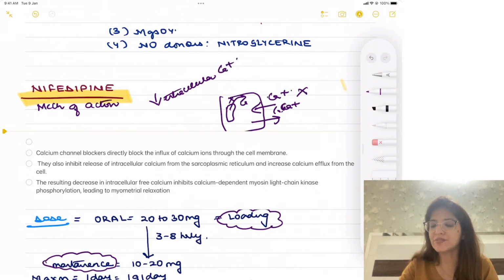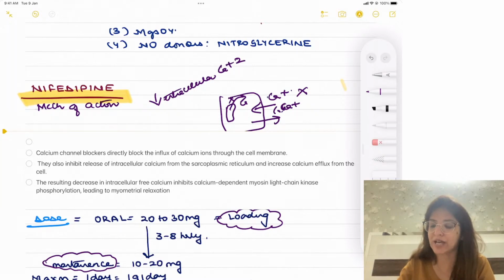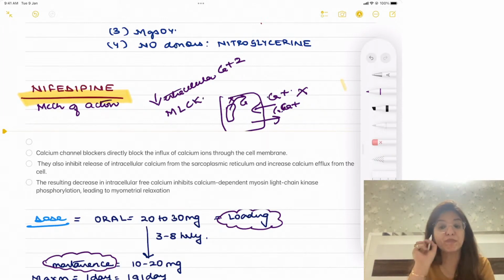And because there is a decrease in intracellular calcium, there are enzymes which are responsible for myometrial contraction. And what are those enzymes? Myosin light chain kinase. This is a very important enzyme responsible for myometrial contraction.